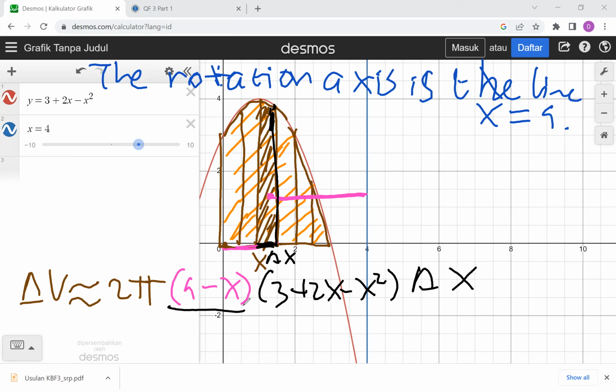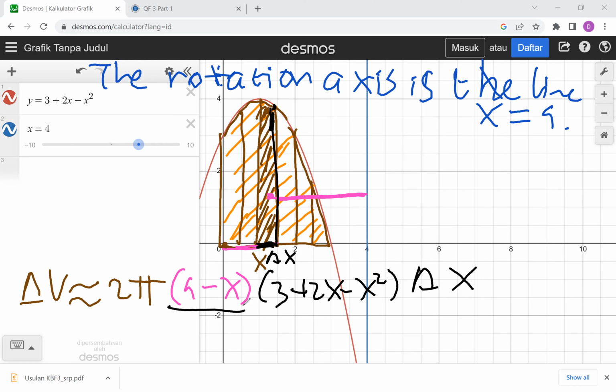This is not always x. That will be the radius. Average radius is the distance from the region to the rotation axis. Please be careful. That's why the important one is always to approximate delta V. Because if you just use the formula and replace this by x, the result will be a different object.